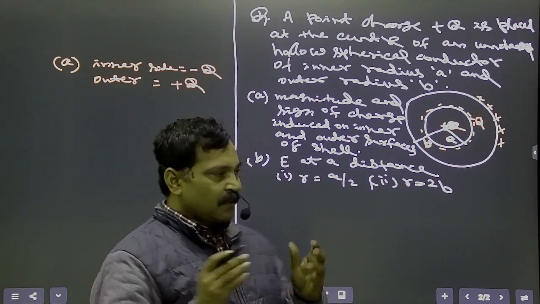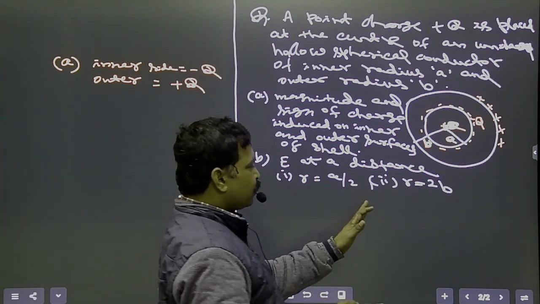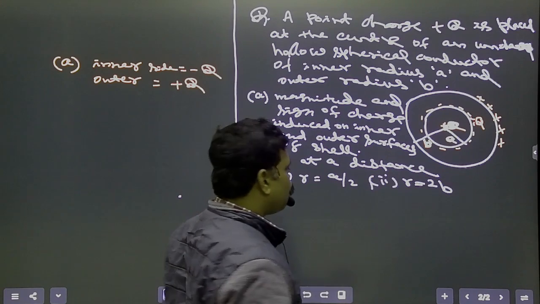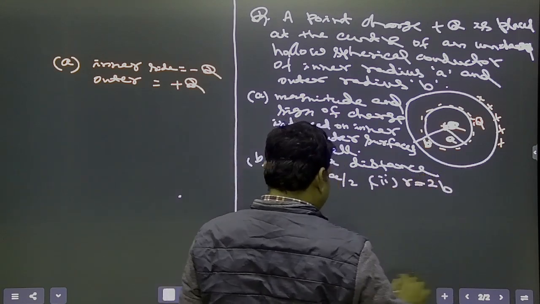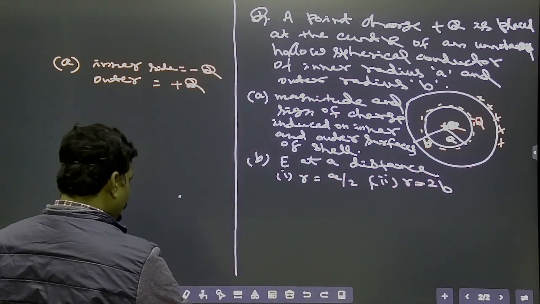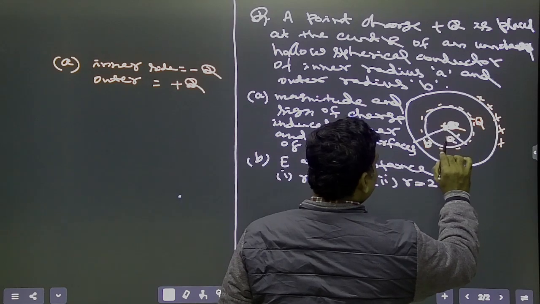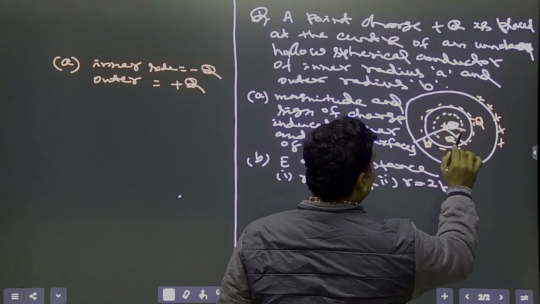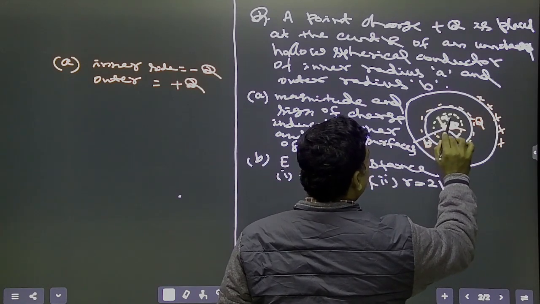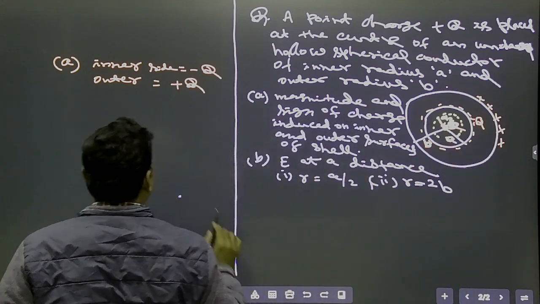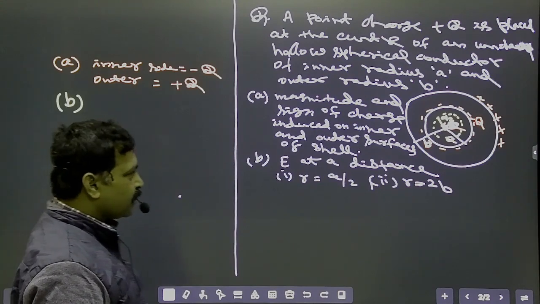Now the other part is E at a distance of r equal to A by 2, and the second part is r equal to 2B. If r is equal to A by 2, we can assume a Gaussian surface of radius A by 2. Suppose this is your Gaussian surface. In this case you can find the electric field intensity by using Gauss theorem.